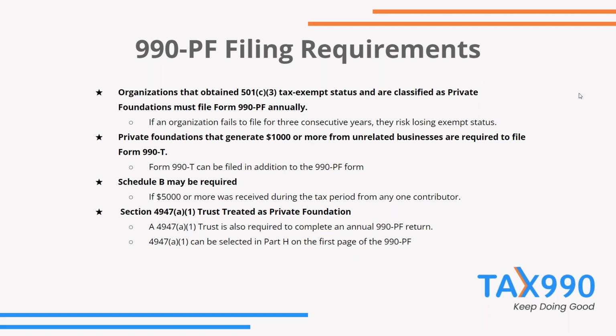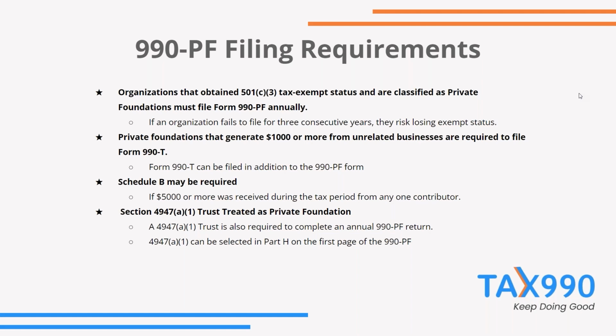Failure to file for 3 consecutive years may result in penalties or revocation of the exempt status by the IRS. Private foundations that generate $1,000 or more from unrelated businesses may also be required to file Form 990T.